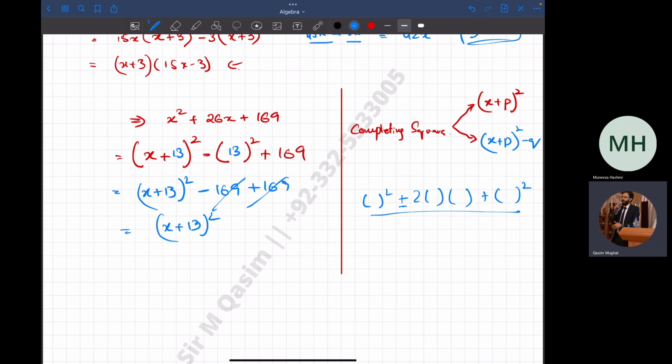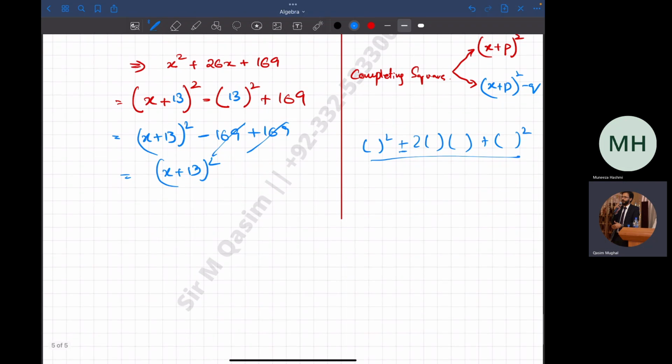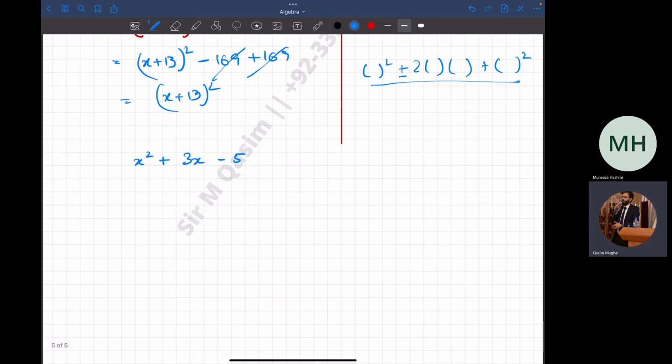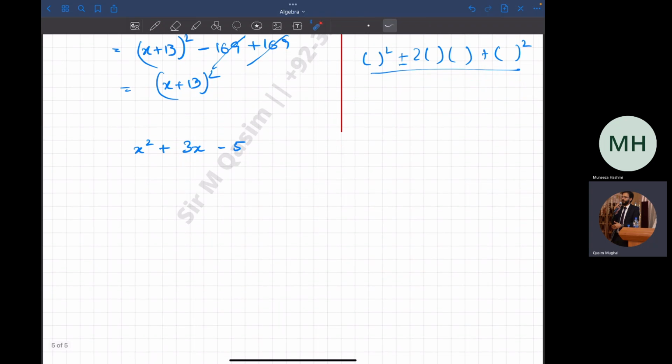Now why would you be using this particular method? Now for example, you have a question like x squared plus 3x minus 5 and the examiner wants you to apply completing the square. Now, by following the same procedure, what I'm going to do is check the sign is plus, so I'm going to do x plus something whole square minus something whole square, and then I'm going to copy this down as it is, which is negative 5.